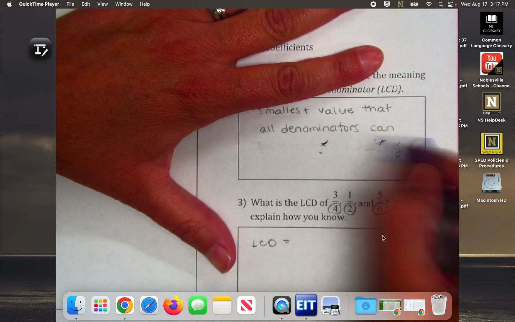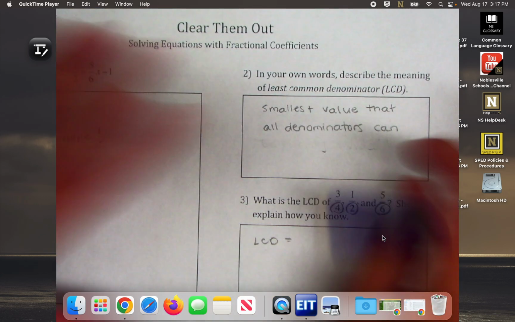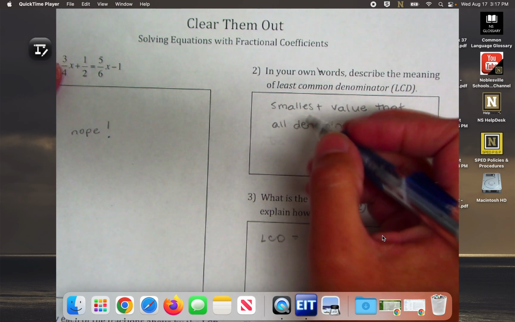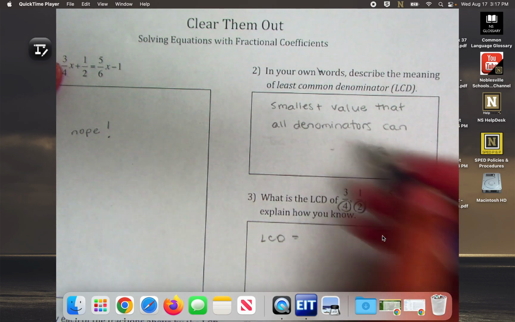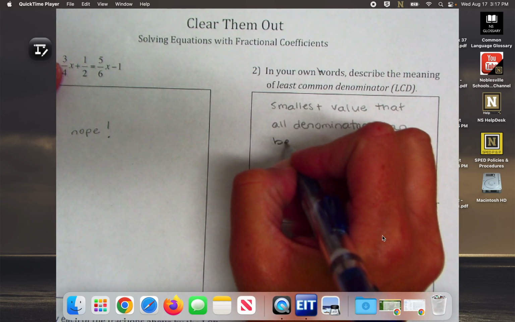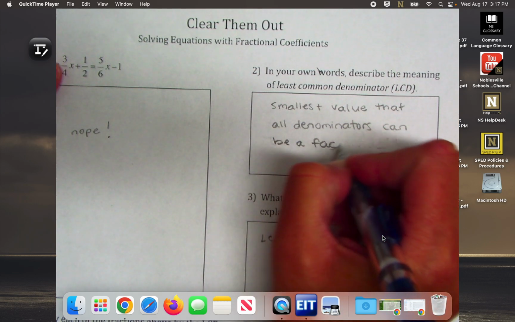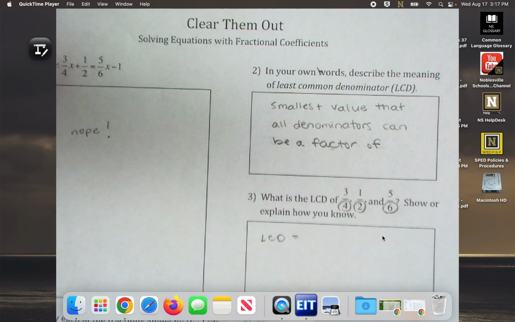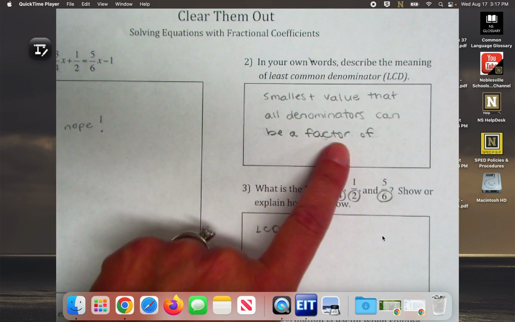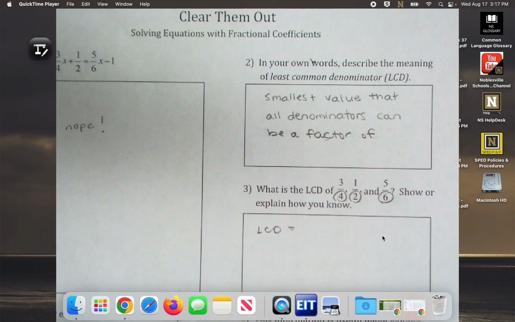Okay, hold on. Erase this. Oh, wait. Smallest value that all denominators can be a factor of. It is 12. So we're looking for what they can all be a factor of, right?